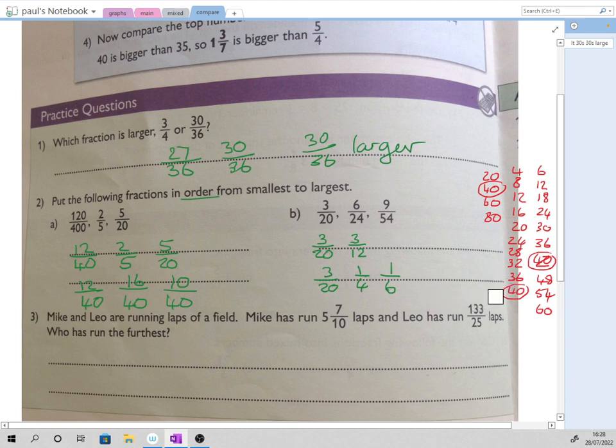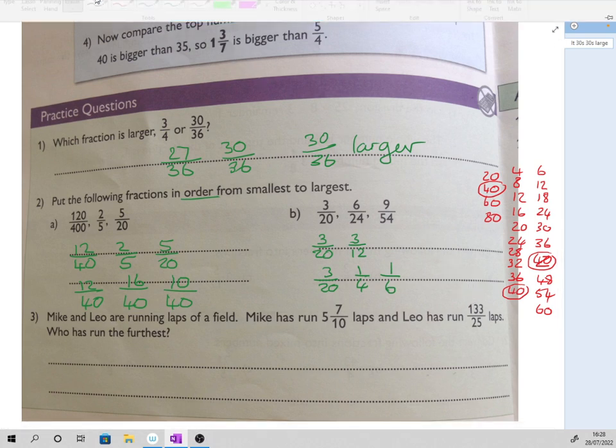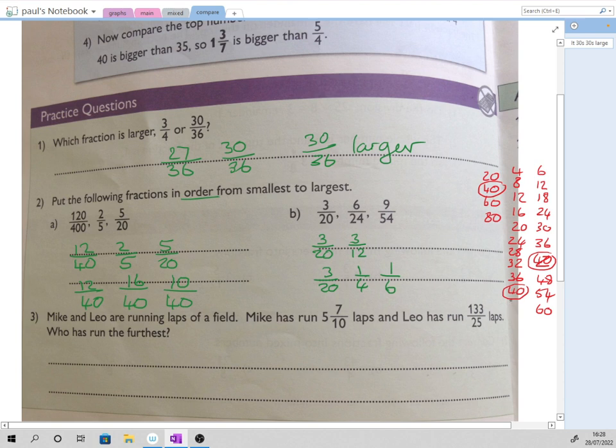It's 60. Does 4 go into 60? Very unlikely. Keep going. 4, 44, 48, 52, 58, 62. Doesn't, does it? Wow, this is difficult. 66, 70.